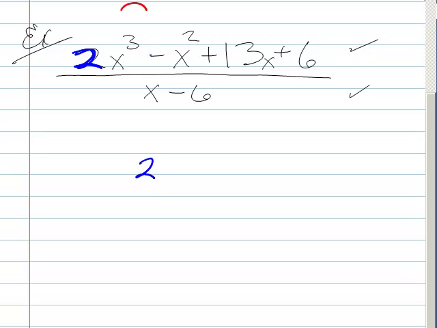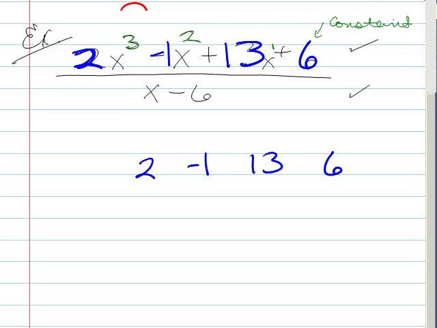I've got a -1 for a coefficient here, then a 13. That's my coefficient there. And then I have 6, which is not really a coefficient, just my constant. Now notice that all of these are going in order: x cubed, x squared, x to the first, and then your constant term. If these weren't in order, we'd have to put placeholders, just like you do with long division. So just keep that in mind.